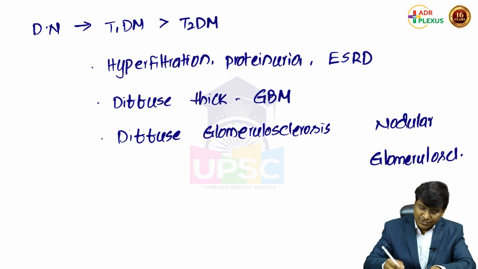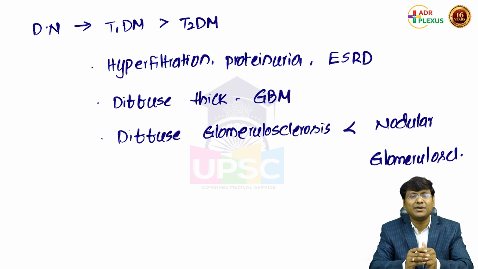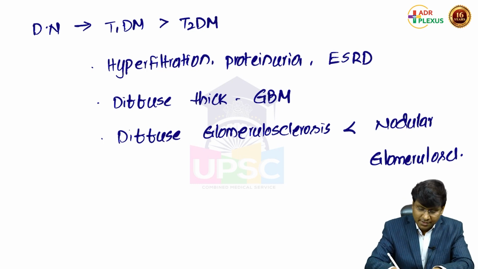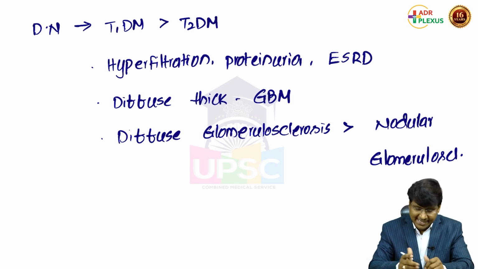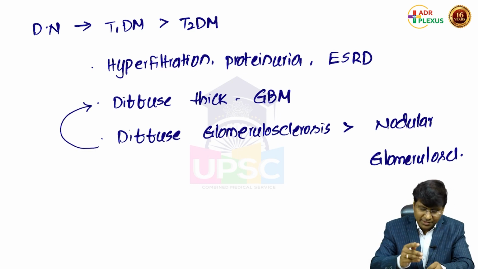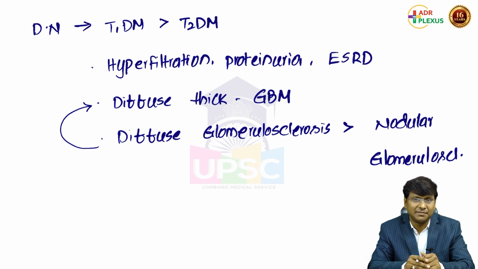Between these two, which is more common? It is the diffuse glomerulosclerosis which is more common. And in diffuse glomerulosclerosis, you will notice diffuse thickening of the glomerular basement membrane.